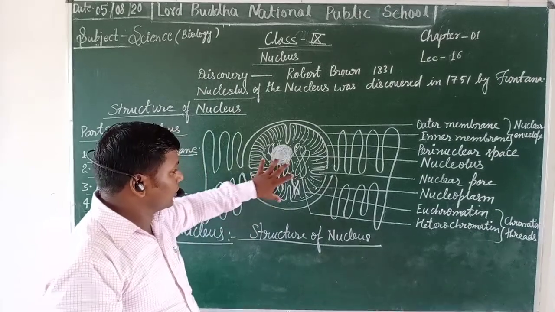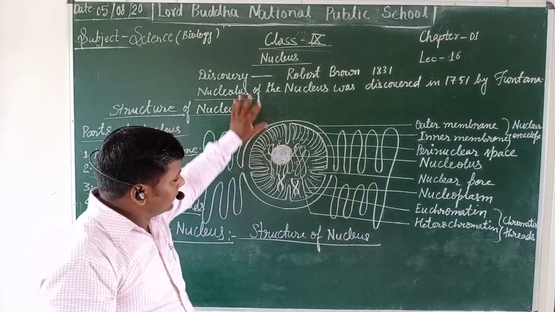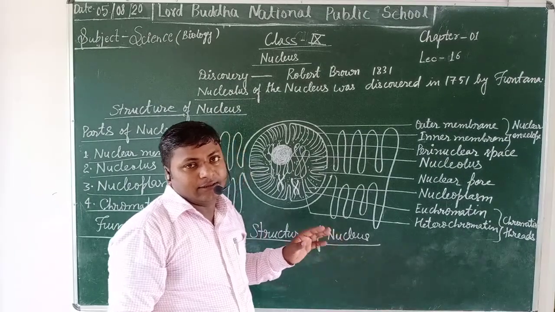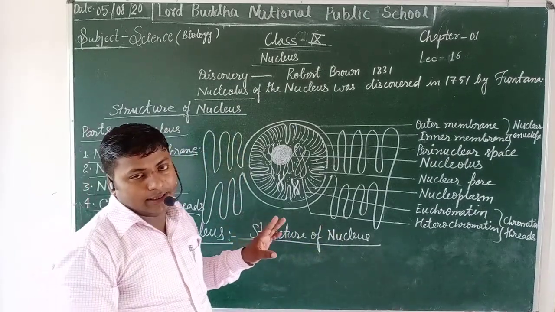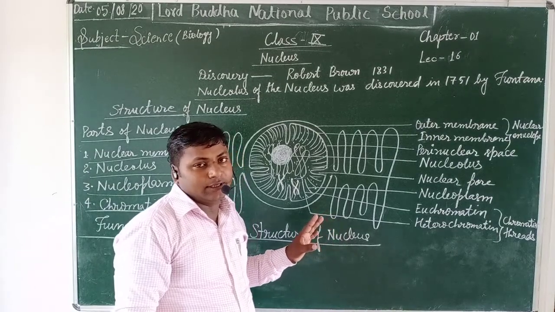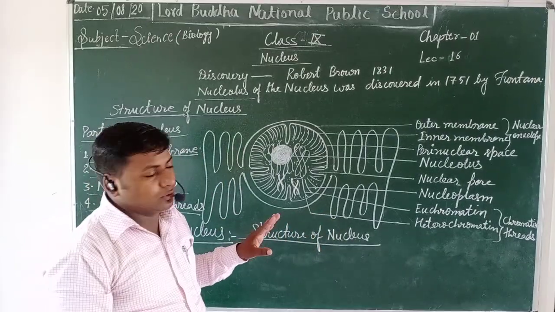Two types of nucleic acids are present in the nucleus, that is DNA and RNA. RNA is abbreviated for ribonucleic acid and DNA for deoxyribonucleic acid.